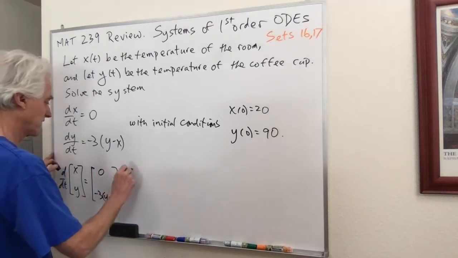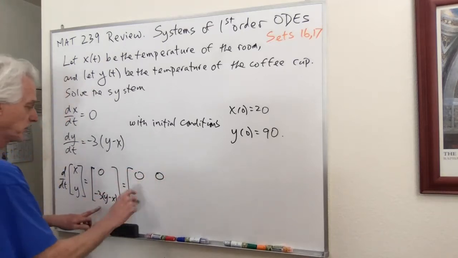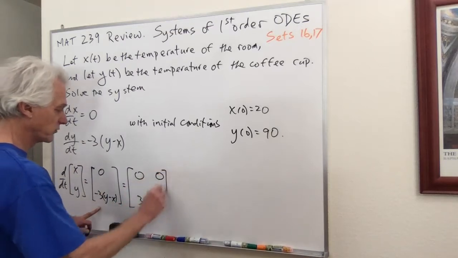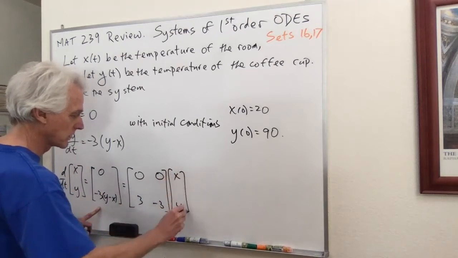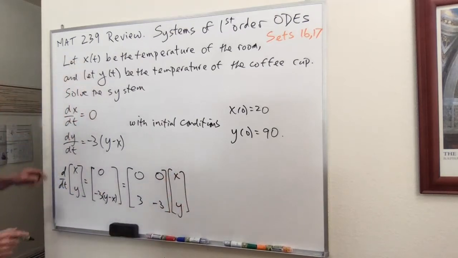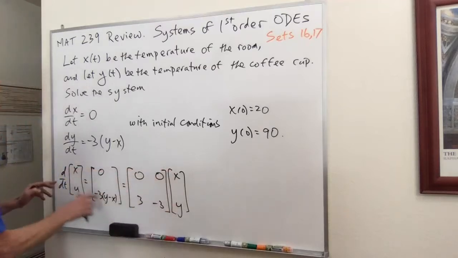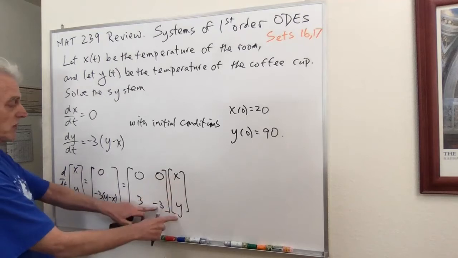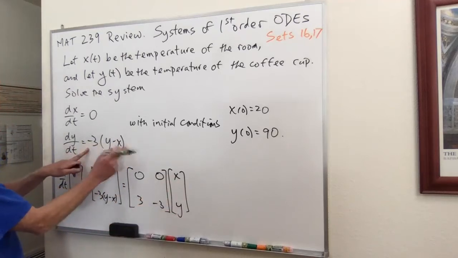And I can write this in matrix form. Here's 0, 0. And then what gets multiplied by x? 3. And negative 3 multiplies the y. See that? So the first component is dx/dt, which is 0 times x plus 0 times y, 0. dy/dt, second component, is 3x minus 3y, and I can see that by distributing the minus 3.